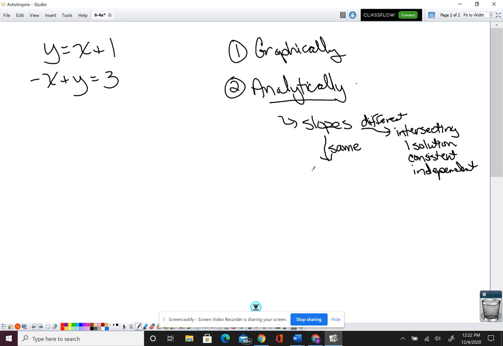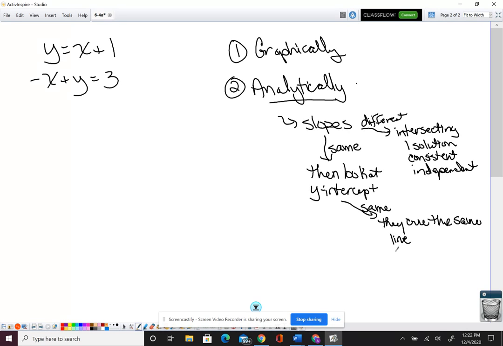So if the slopes are the same, then we have to look at y-intercepts. If the y-intercepts are the same, then they're the same line. And they have an infinite number of solutions.